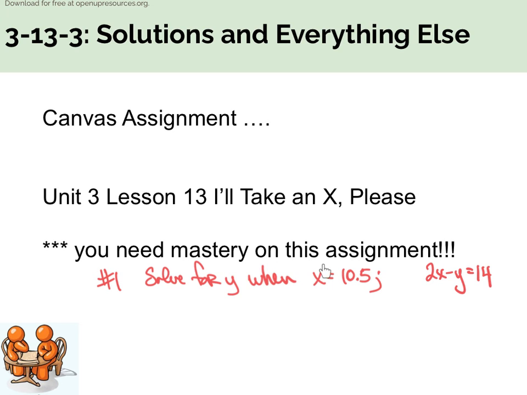We're going to take the x equals 10, put it into the equation that's given to us, and then you are going to solve for the y. Because we're given an x, we're looking for the y. You have 6 questions to answer. You need 80% or higher to move on into the practice problems. So go ahead and do that, and then come back and we'll talk about some stuff.